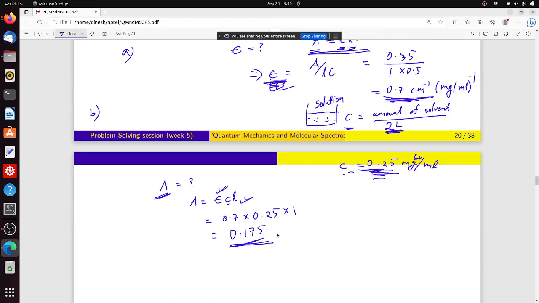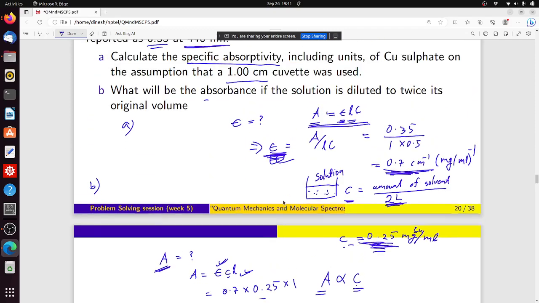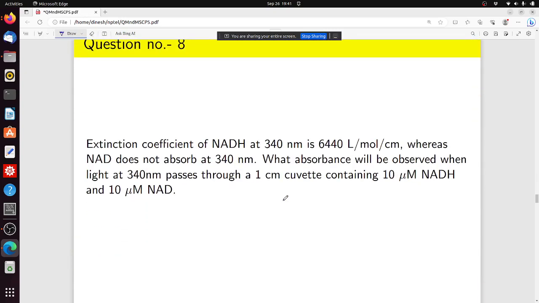So if the concentration decreases by a factor of half, then the absorbance also decreases by a factor of half, right? Because A is directly proportional to C. Okay. Any doubts? Okay, I assume no. So we'll move to the next question.